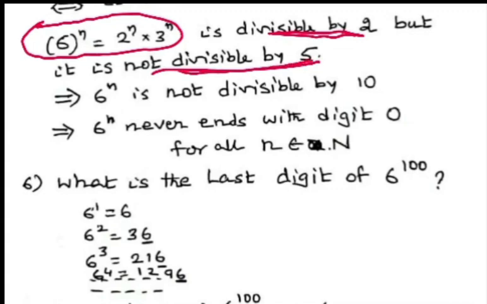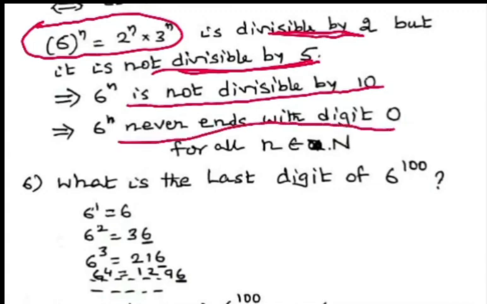This number is not divisible by 5 means 6 power n is not divisible by 10. It is not divisible by 10 means it never ends with digit 0. So 6 power n never ends with digit 0 for any natural number n belonging to N.